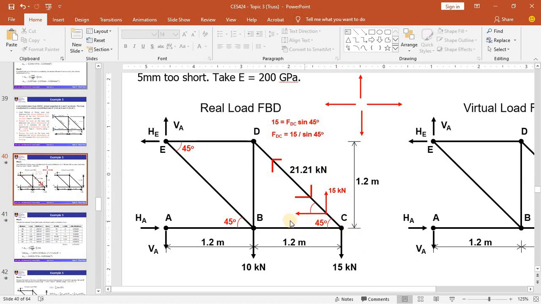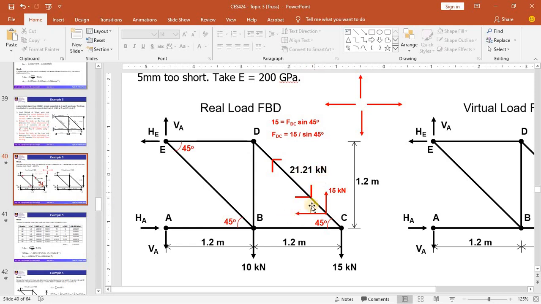For the horizontal direction, you need to find these components first. So we know that this is 21.21 kilonewtons. To get this particular horizontal component, you need to resolve this internal force of DC into a horizontal component by multiplying this 21.21 kilonewtons with the cos of 45.